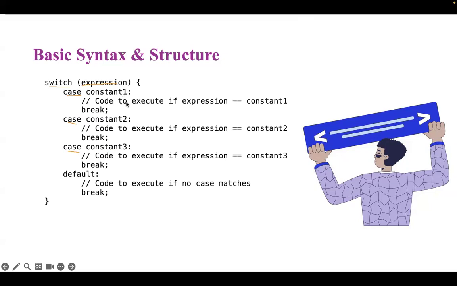Under each and every case, you can tell it to do something. This is the action. If you want to print something, do a calculation, or do a comparison, you can do it inside this. And then you have to break. Why do we break, students? Because if the given case matches, there is no need to check the rest.